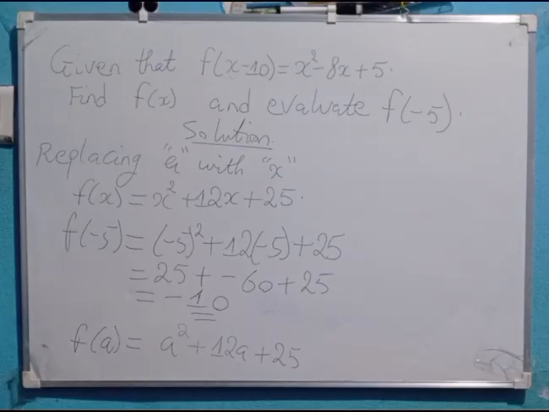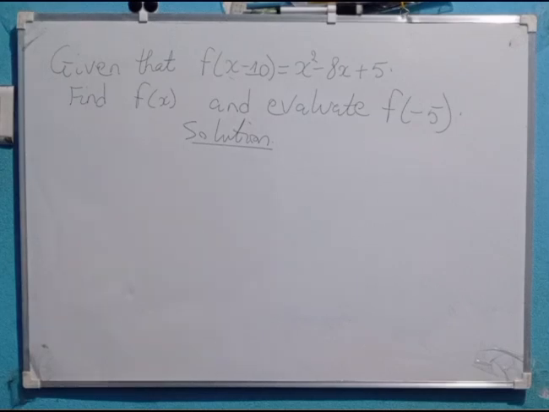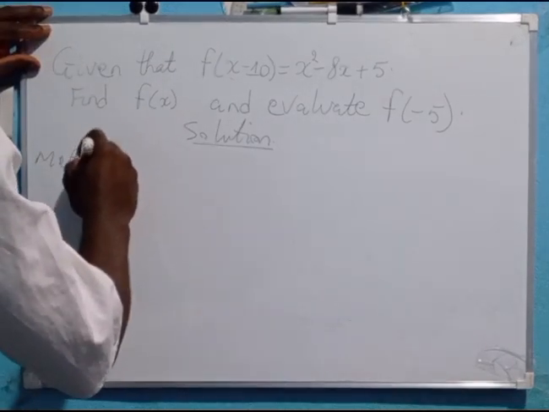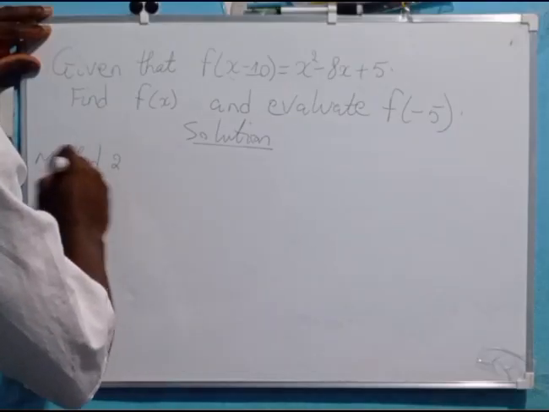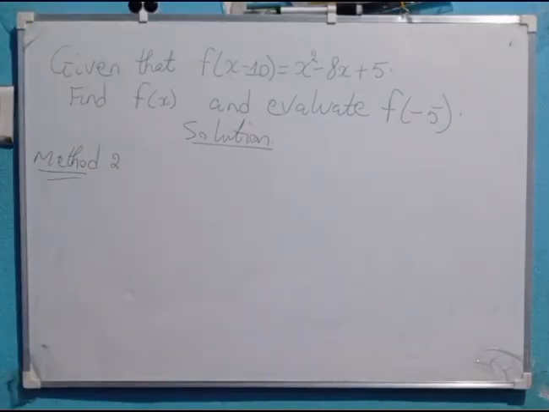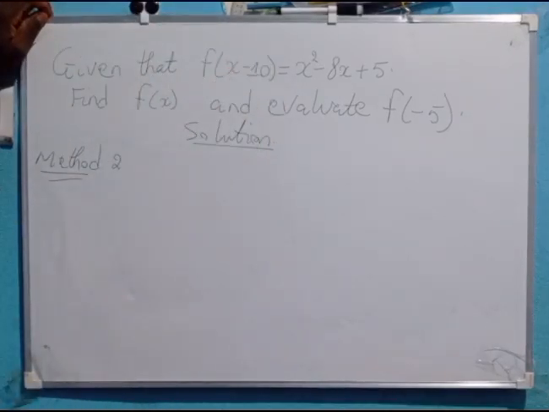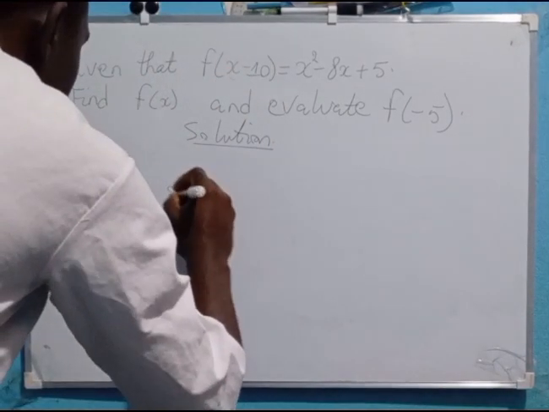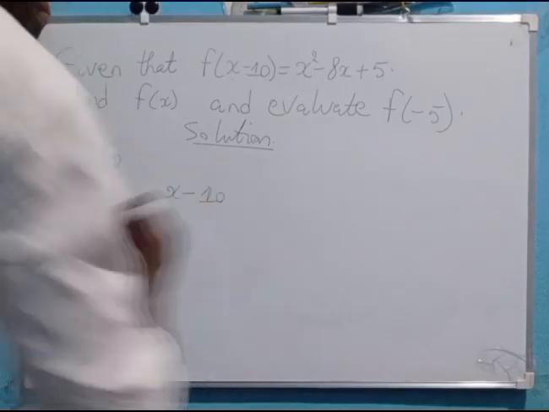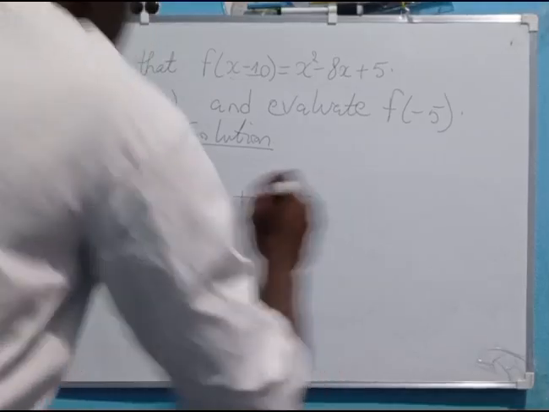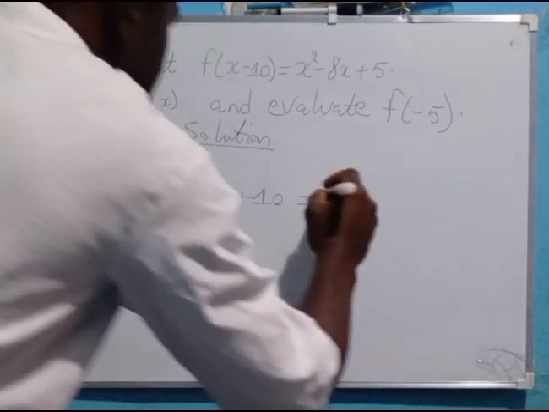Now let's look at the second method of answering this question. We take method 2. Okay, for method 2, we have to find f of x. Here we have been given f of x minus 10. If we take x minus 10 plus 10, this will give us x.